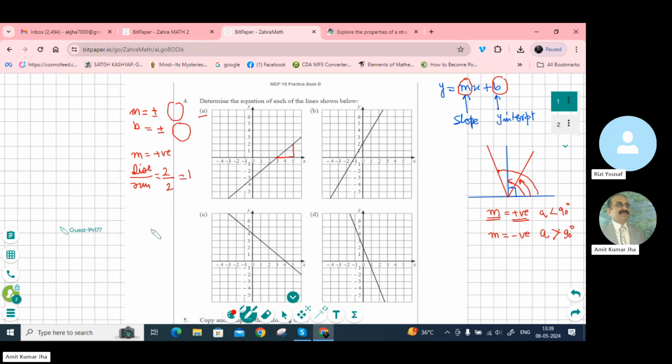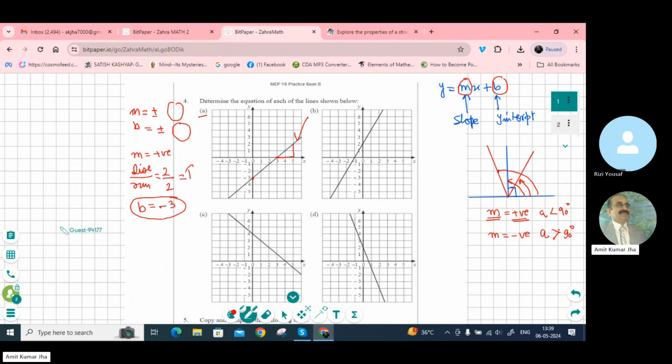And then what is b? It is cutting the y-axis at minus 3. This line is intercepting the y-axis at negative 3. So b will not be 2, it will be negative 3.